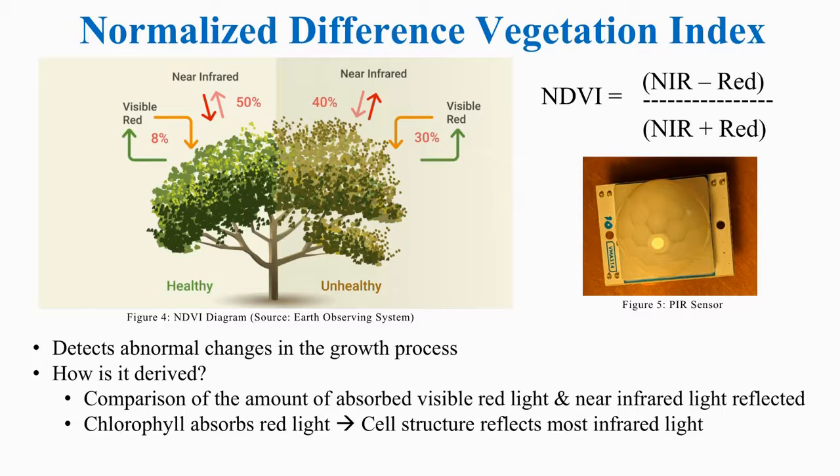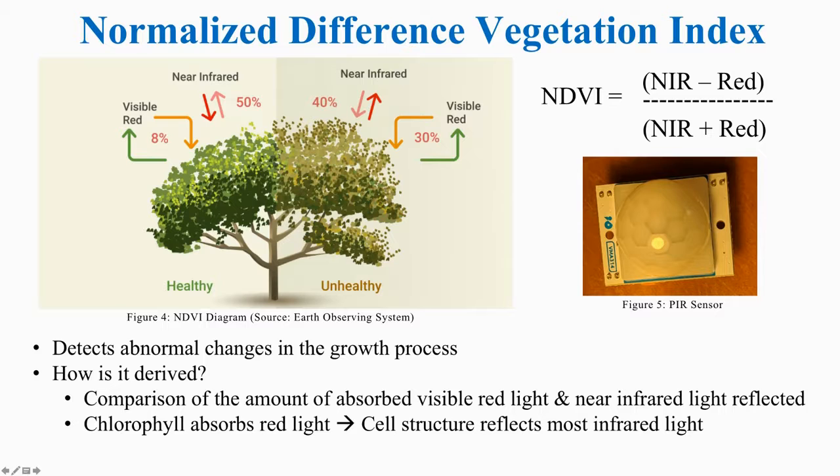We have to understand two key structures in vegetation: chlorophyll and the cell structure. Chlorophyll absorbs red light. So in a healthy plant with a lot of chlorophyll, we want to see very little visible red light reflected. That's why only 8% is being reflected here. The cell structure reflects much of the infrared light, so we want to see 50% absorbed and 50% reflected.